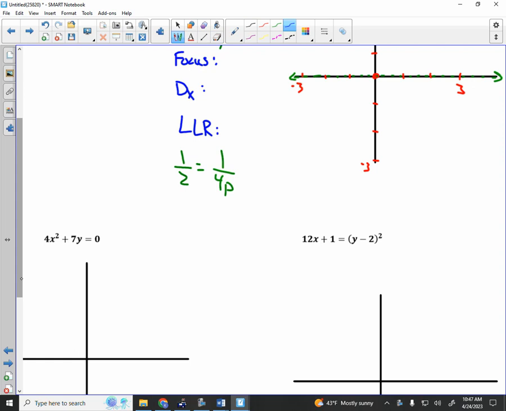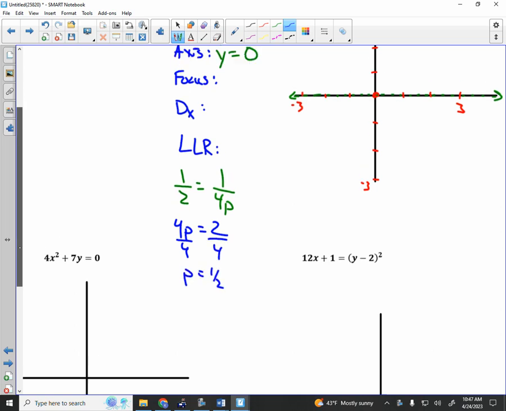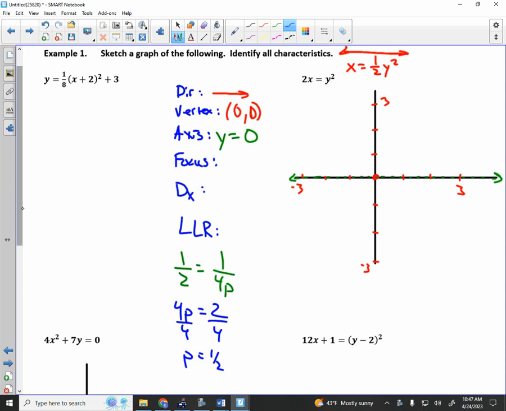And what I do is I cross multiply. 4P times 1 is 4P. And 1 times 2 is 2. I divide by 4, and I get P is 1/2. We good? Okay, so now we're going to use that value to find the focus point.